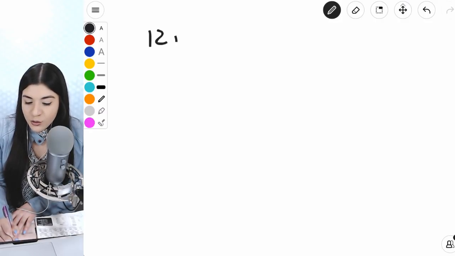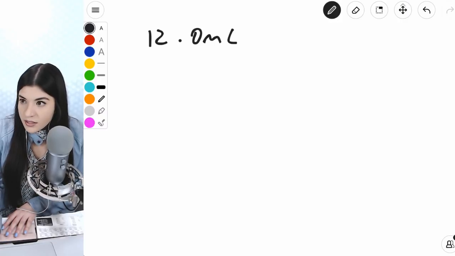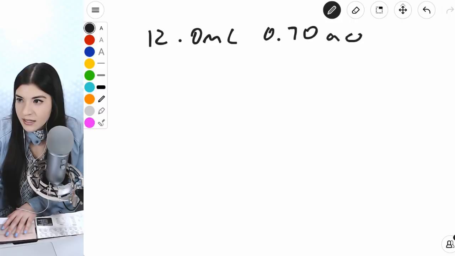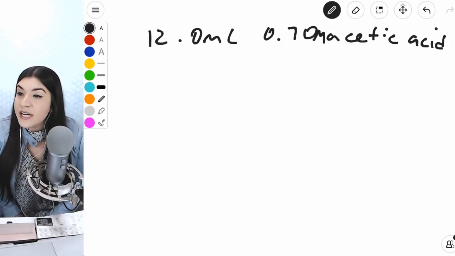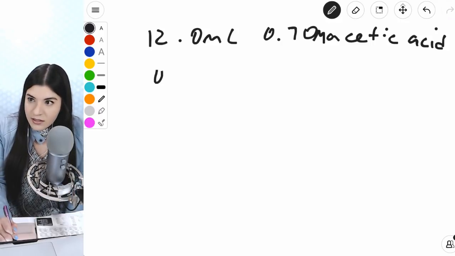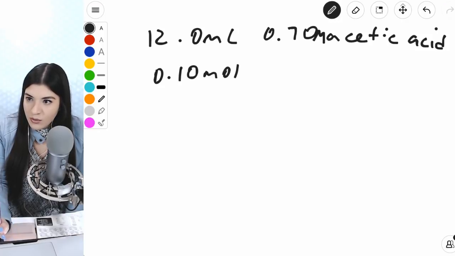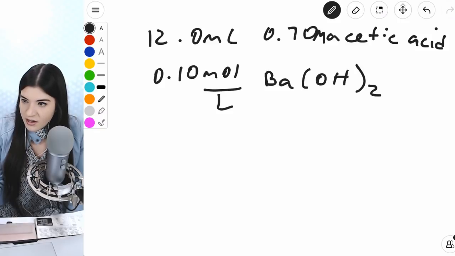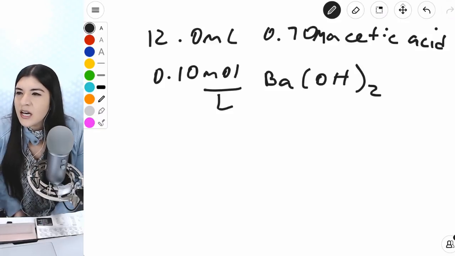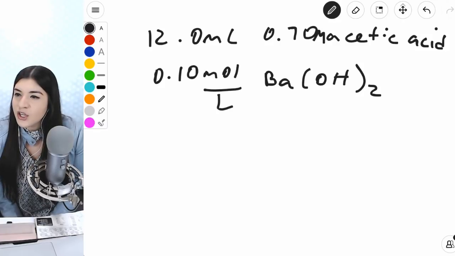We have 12.0 milliliters of 0.70 molarity acetic acid that was titrated with 0.10 moles per liter of barium hydroxide. What is the titrant? And sketch the titration curve indicating the shape of the curve and the equivalence point pH value.